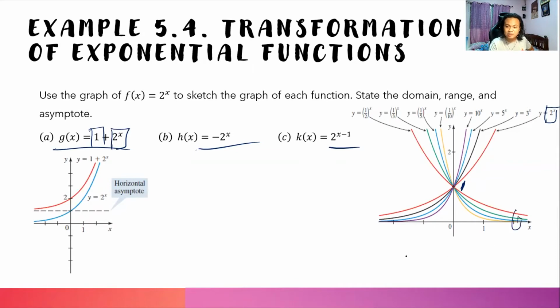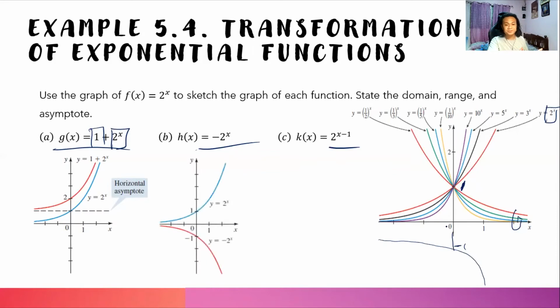So, ipa-reflect lang ninyo siya. Mabali siya kay negative man. Ang process ana. So, ang graph, it looks something like this. Imo na siyang gi-reflect about the x-axis. So, ana na ang graph karon sa y is equal to negative 2 to the x.